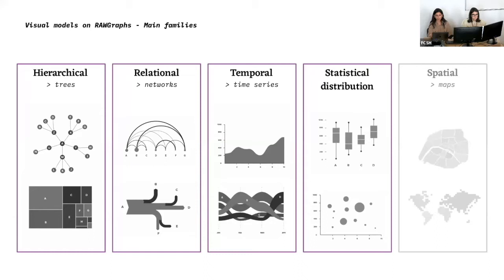Special models like maps are not experimented with yet in RAWGraphs. And now we'll see a little bit of these visual models that we need to know to create a correct visualization and a correct chart.